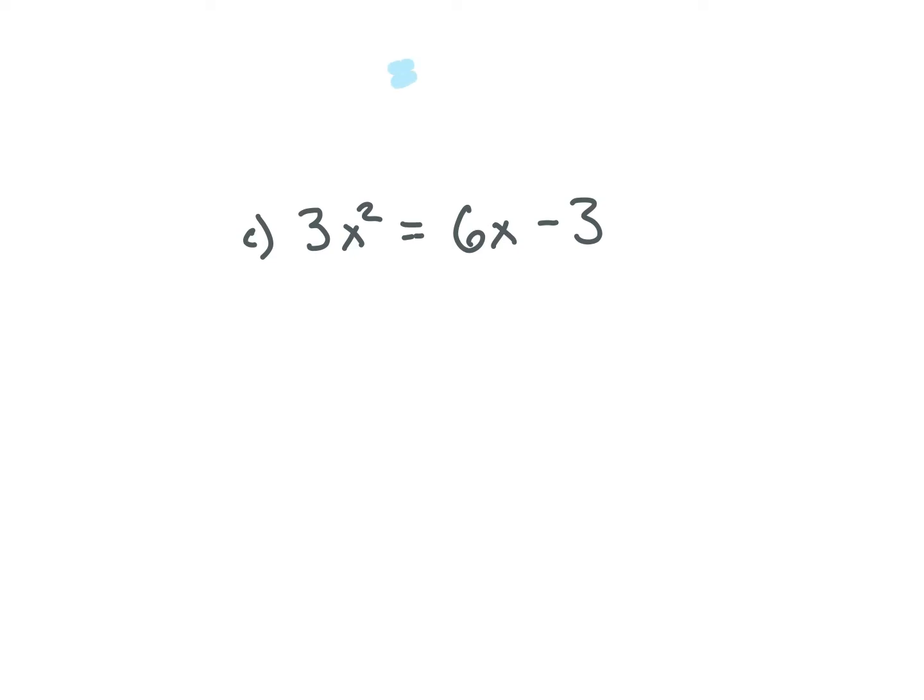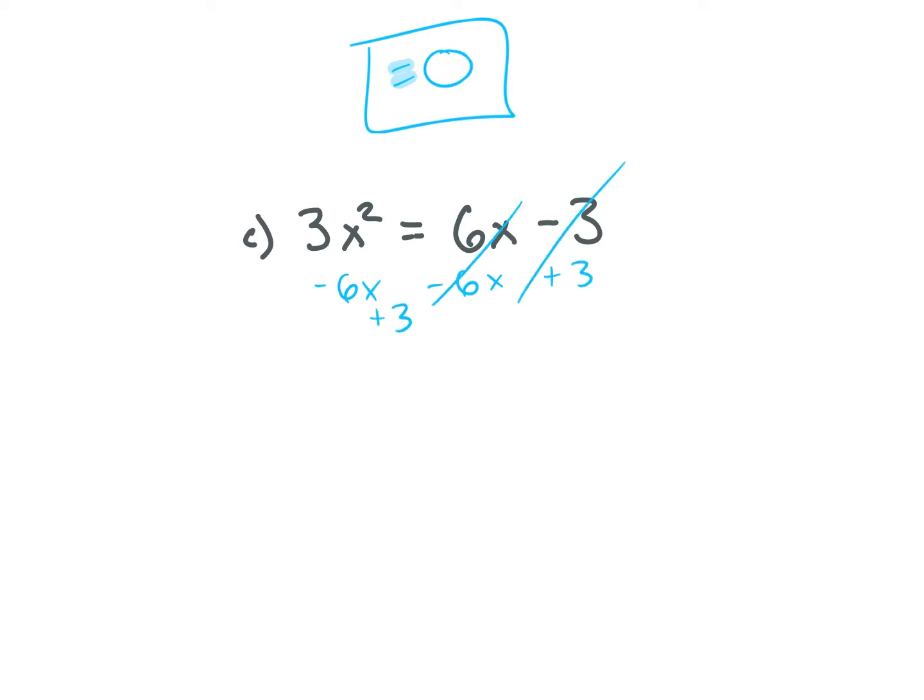It has to be equal to 0. So how can I make this equal to 0? I can subtract the 6x to move it to the left, and I can add 3 to move that to the left too. So these will cancel out on the right.